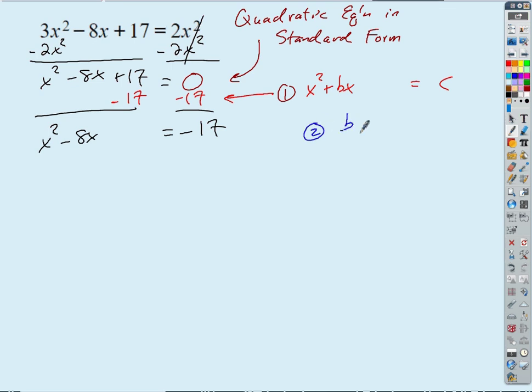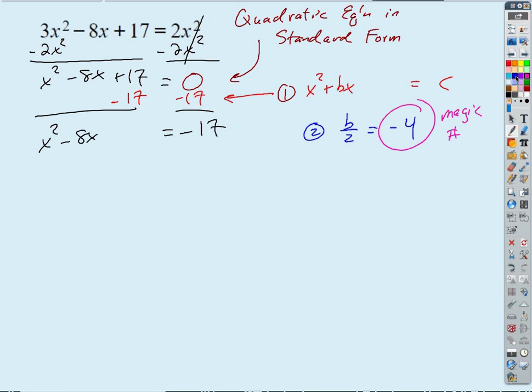Okay, b over 2 is what? Negative 4, right? Now I'm going to put a circle around that because that is going to eventually be my magic number, right? But what do I want to add to both sides? Okay, good. B over 2 squared.